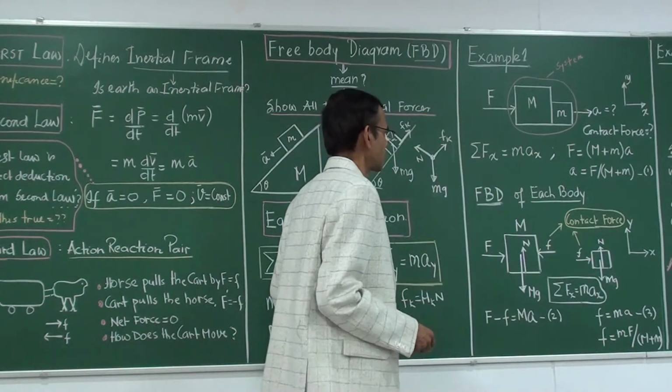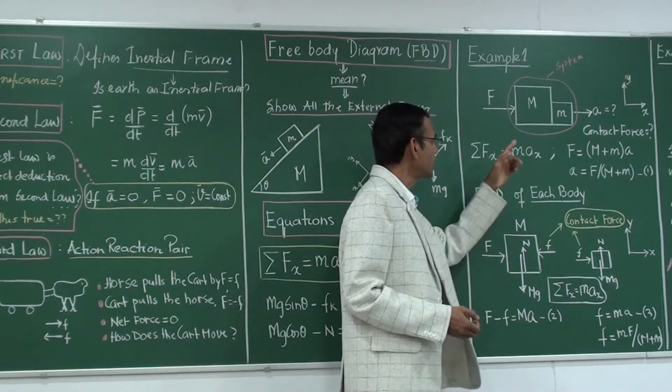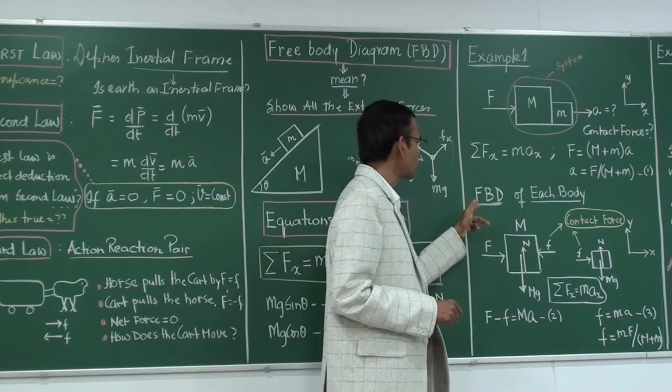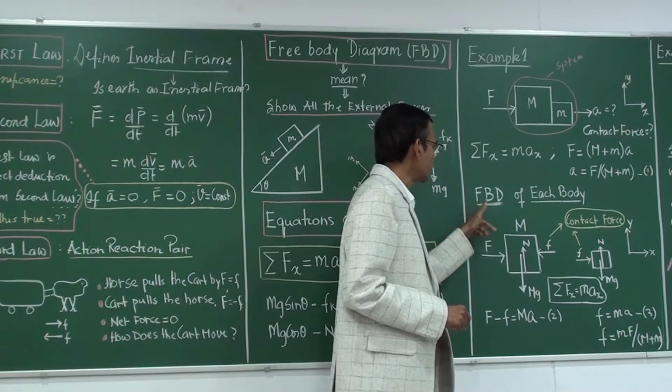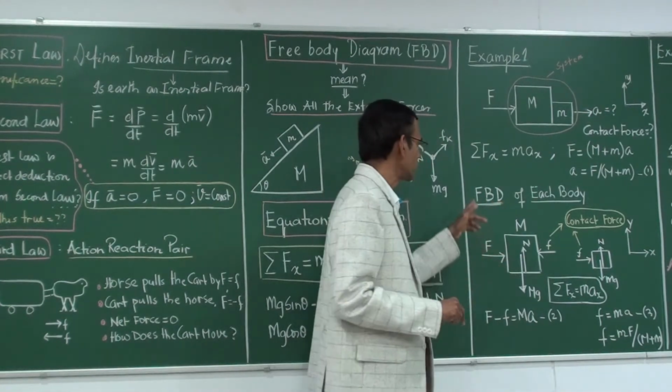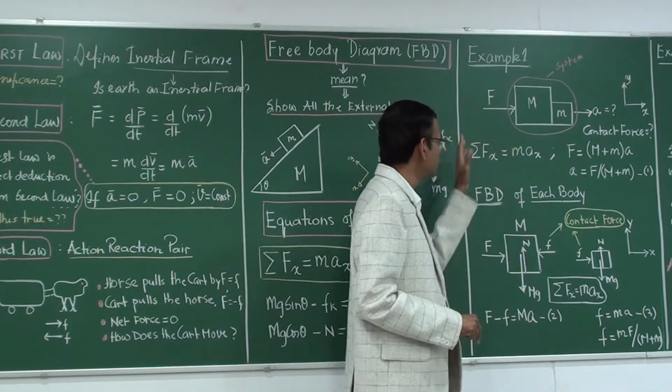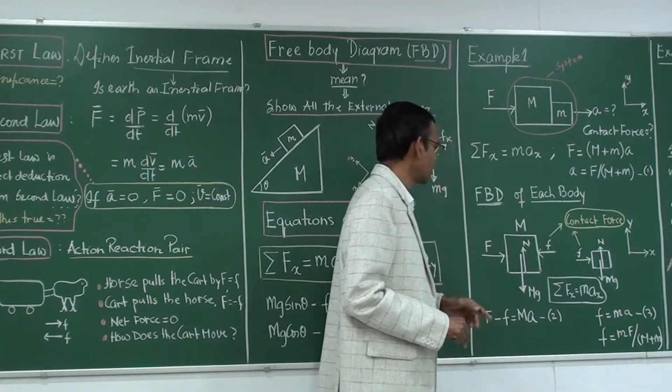And then you choose the axis. Now, if I need to calculate the contact force, let us see how to calculate that. Then I will write separately the free body diagram of each body. So I have separated the two bodies.